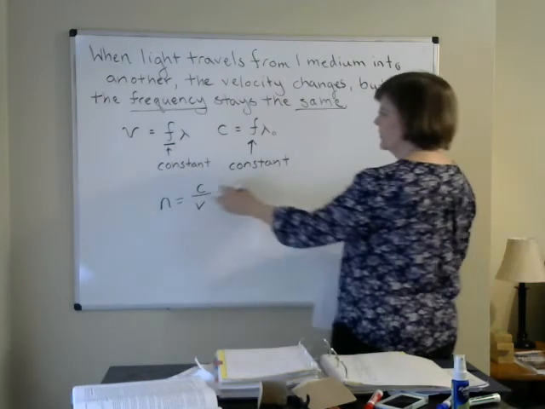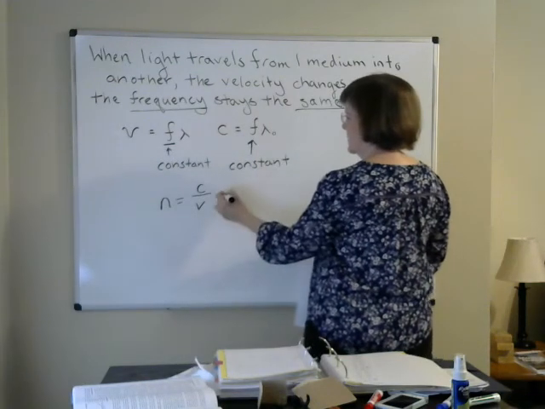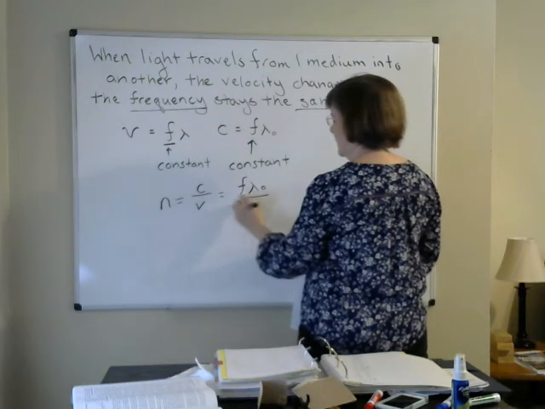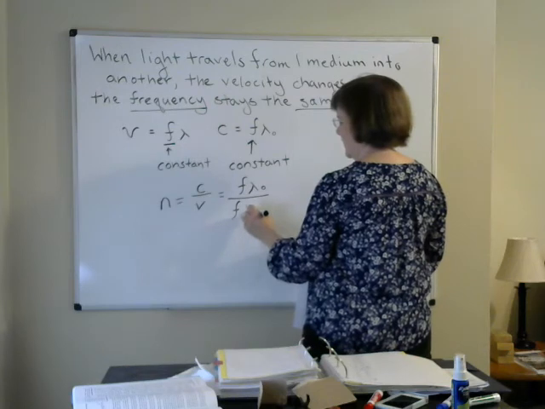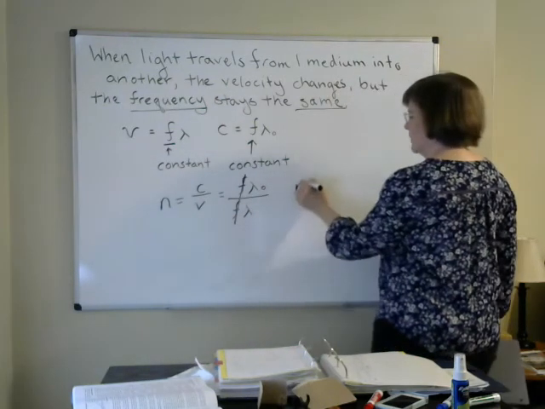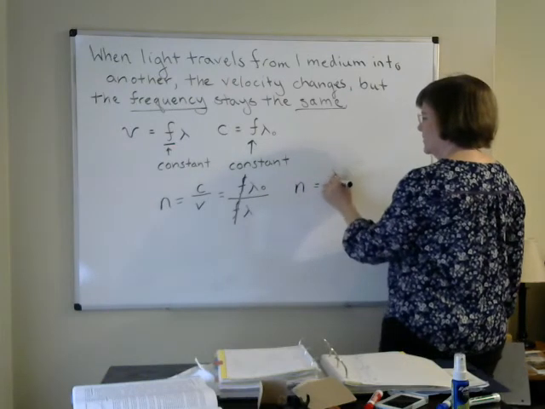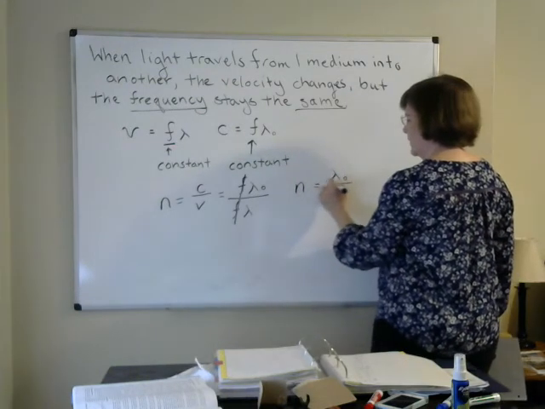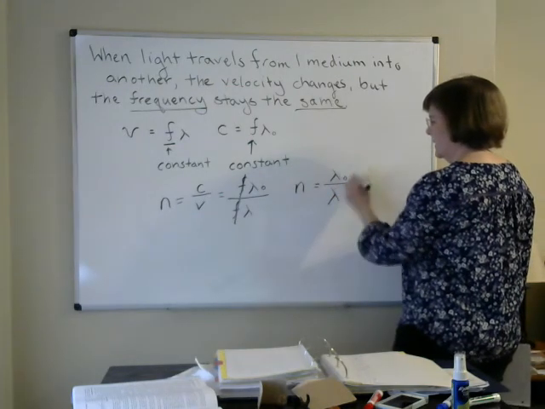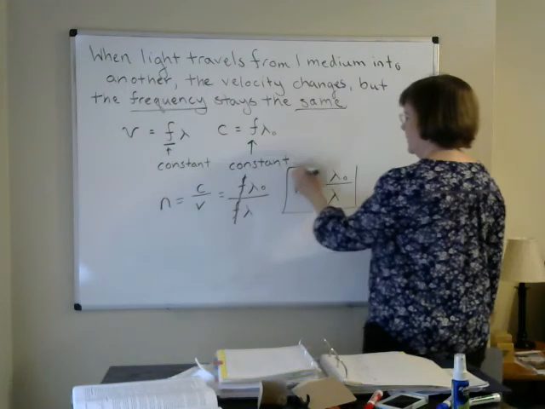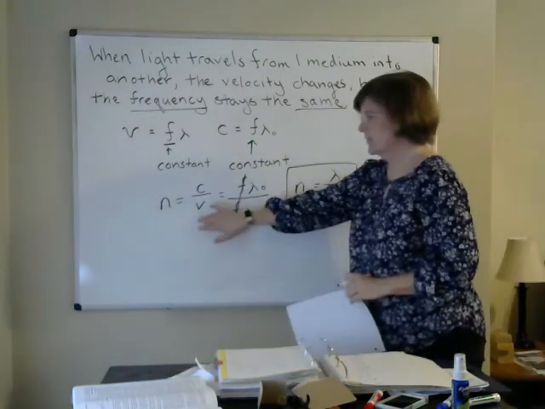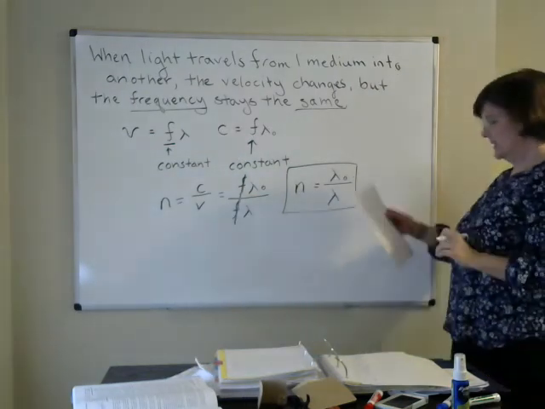So the ratio of c over v is going to be f lambda 0 over f lambda. Those don't change. So we see the index of refraction is also a ratio of the wavelength in a vacuum to the wavelength in that medium. That's a direct consequence of this definition right here and the fact that our frequency is a constant.